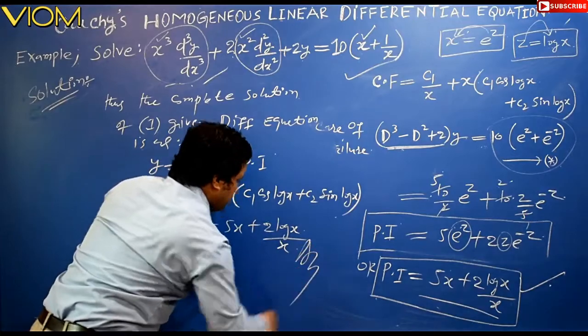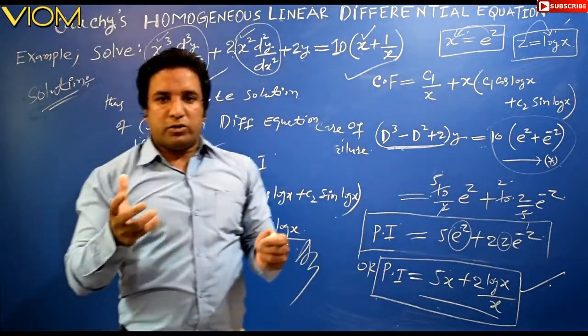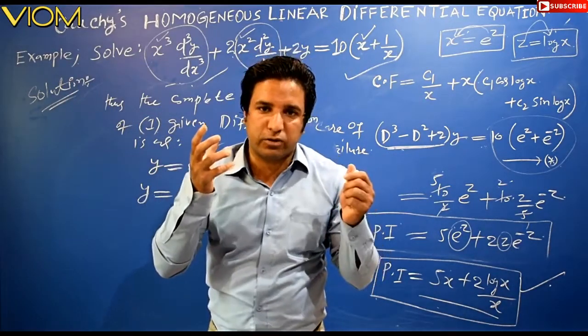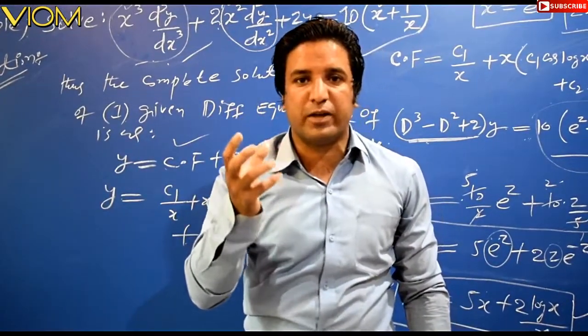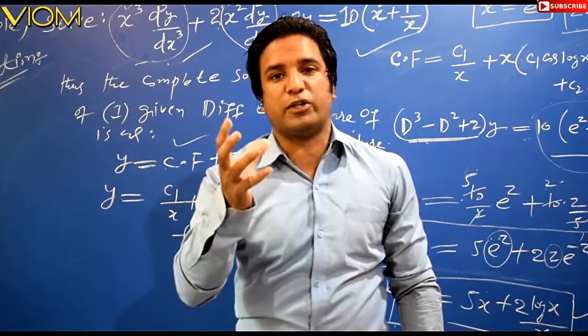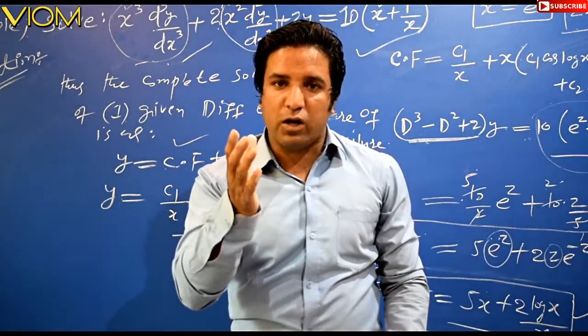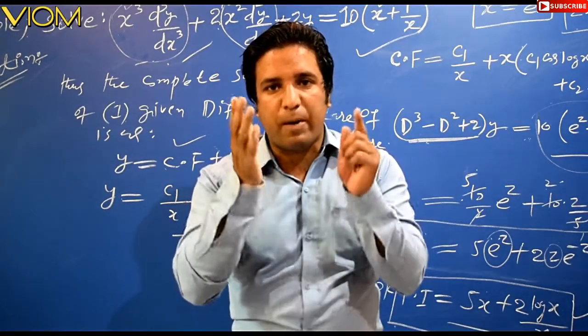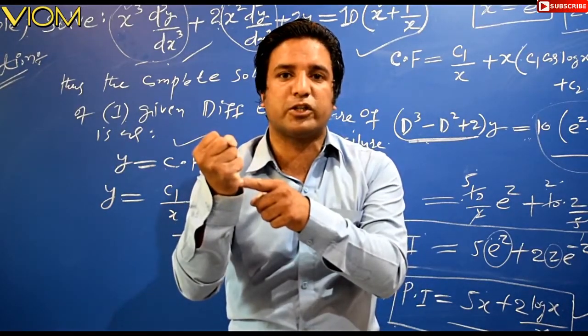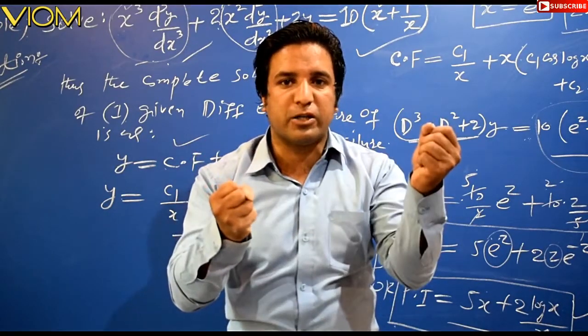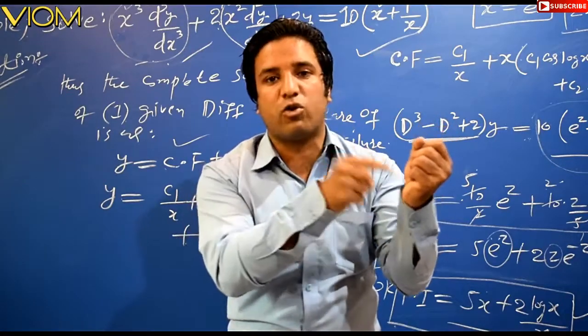So this is the required solution for the given Cauchy's homogeneous linear differential equation containing variable coefficients. I first of all transform it by substitution into a linear differential equation containing constant coefficients.